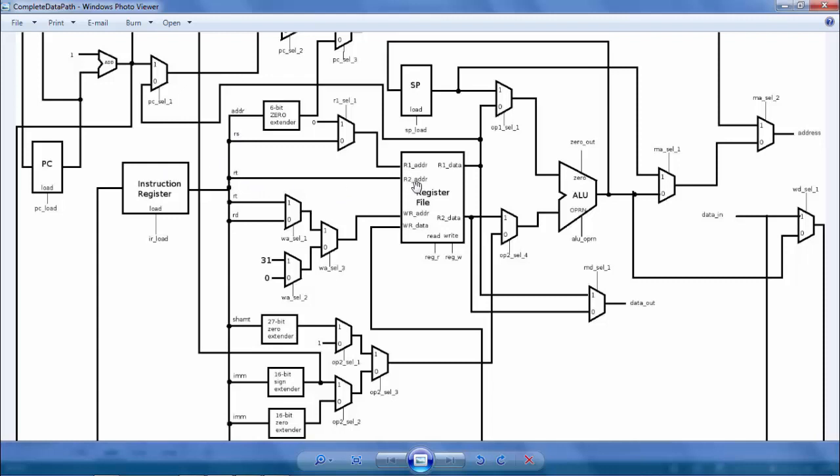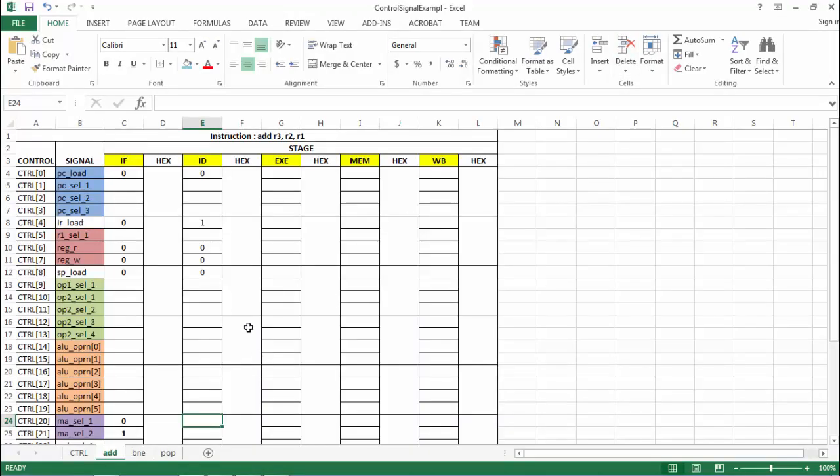RT is straight connected from the instruction bus, but for R1 I need to make sure it is coming from the RS field, not as a 0. So this R1 select 1 must be 0.